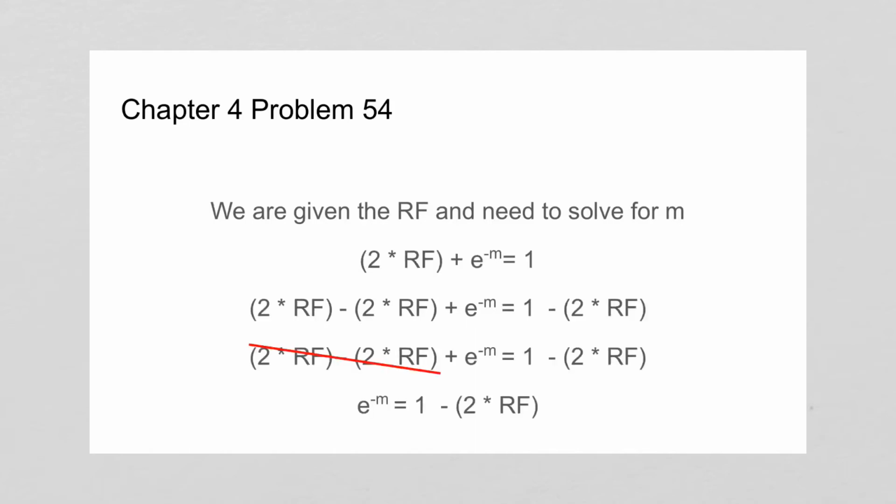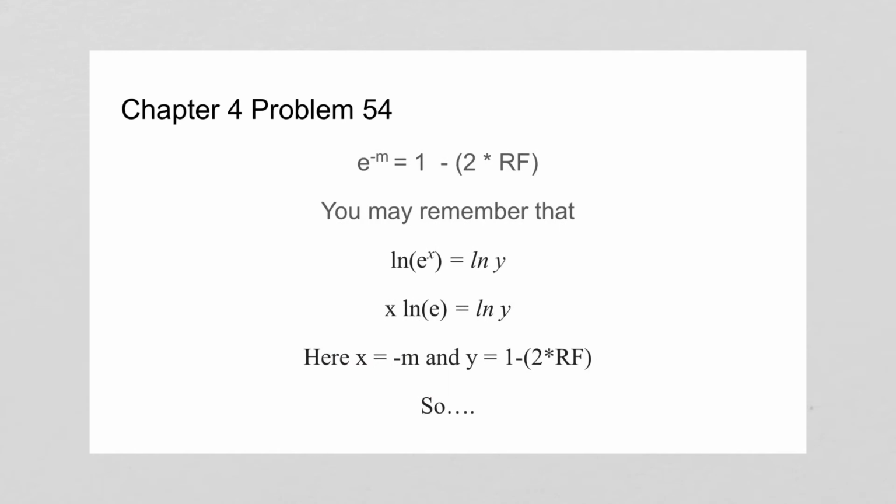The natural log rules state that the natural log of e to the x power equals the natural log of y, and that we can solve for x by multiplying by the natural log of e. In this equation, x equals negative m and y equals 1 minus 2 times the recombination frequency.